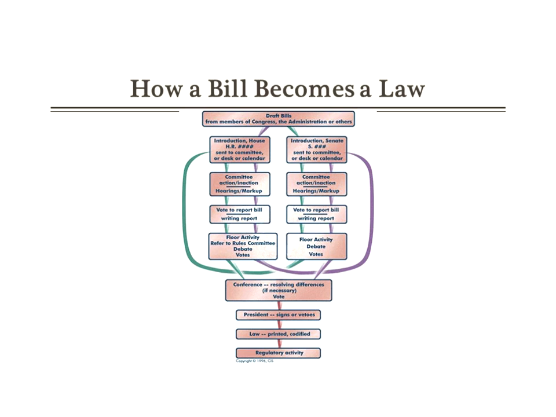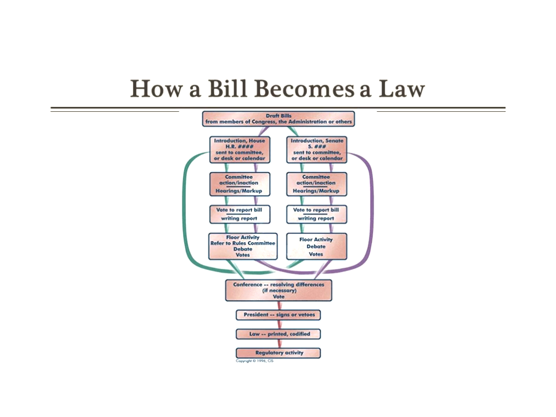Now, how a bill becomes a law: you already have a video within Module 2 that really shows this. It takes you step by step from when the bill is drafted, how it enters either the House or the Senate.